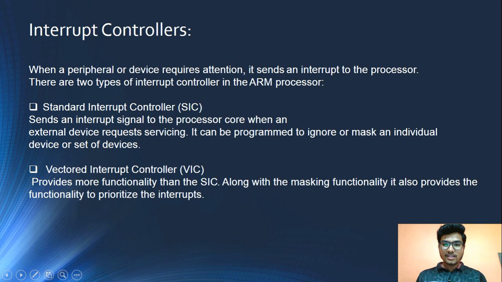SIC sends an interrupt signal to the processor core when an external device is requesting services to be accessed. It can be programmed to ignore or mask an individual device or a set of devices that are connected. Next, coming to the VIC, it provides more functionality than the standard interrupt controller. Along with the masking functionality, it also provides the functionality to prioritize the interrupts.